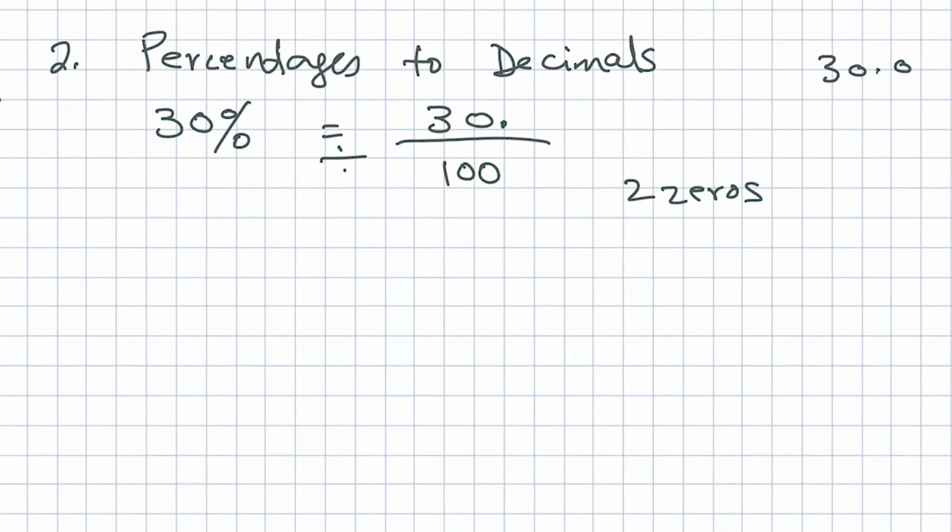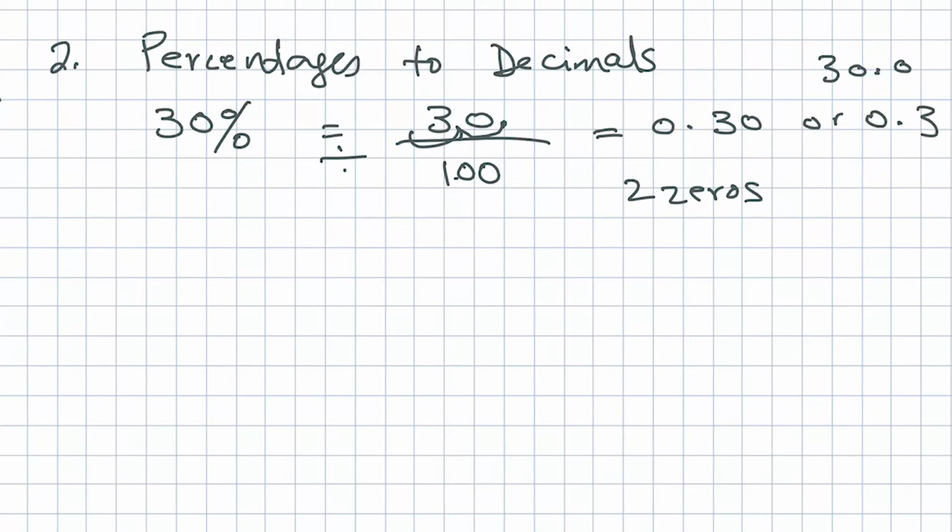So there is a decimal point here. When you divide, you look at the number of zeros in the denominator. In 100, you have 2 zeros. So we are going to move this decimal point to the left how many places? 2 places. So it changes into 0.30 or 0.3.